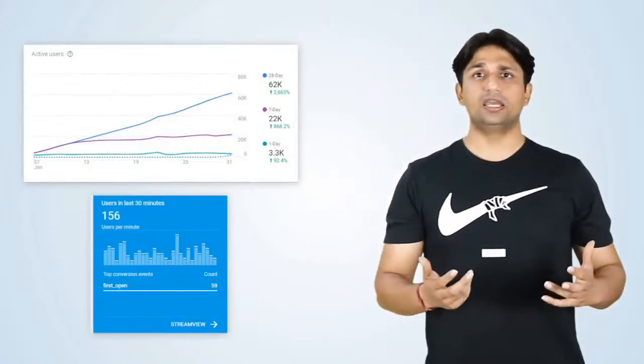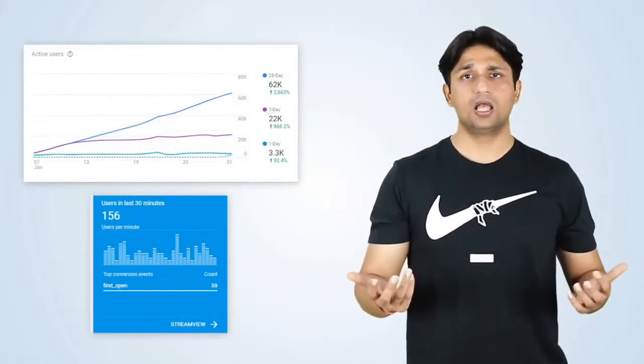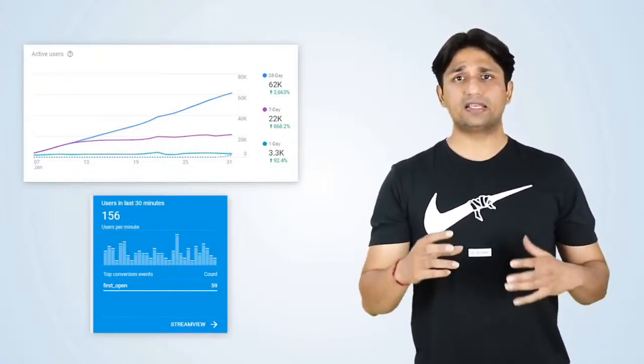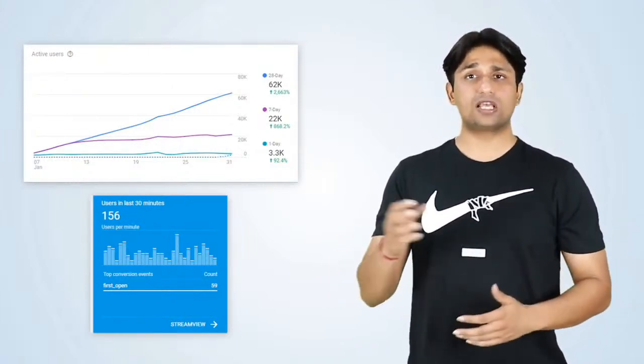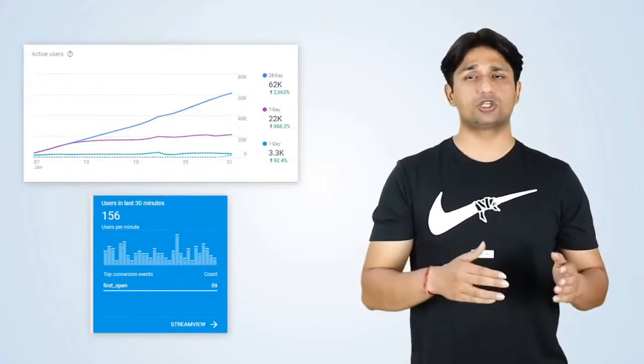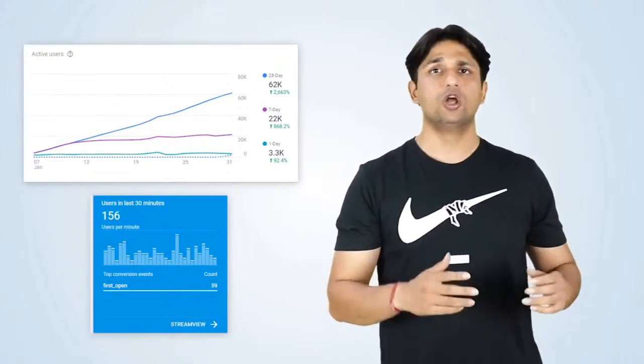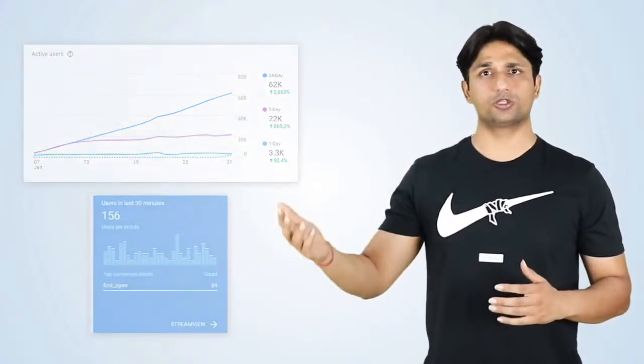So once ASO is taken care of, then we need to look at the analytics. We need to see how often our app is crashing. What devices is the app crashing on? So we need to basically keep a close tab on that. As soon as we figure out that the app is crashing on specific devices, or there's some error, some warning, some malfunction, we need to rectify them in the nearest version.